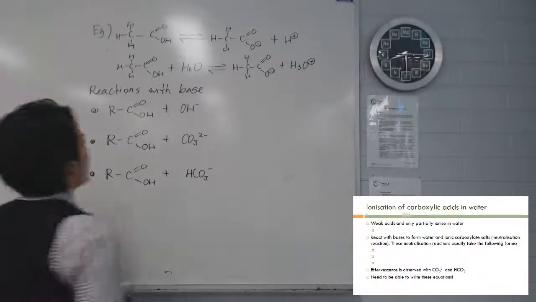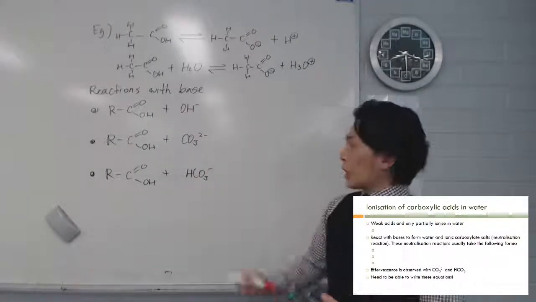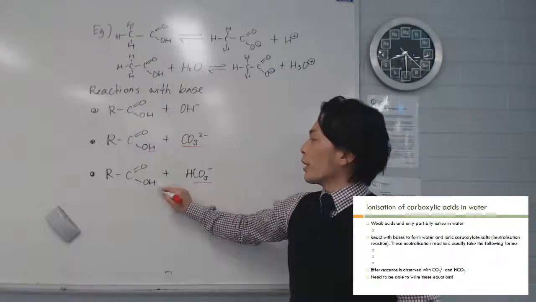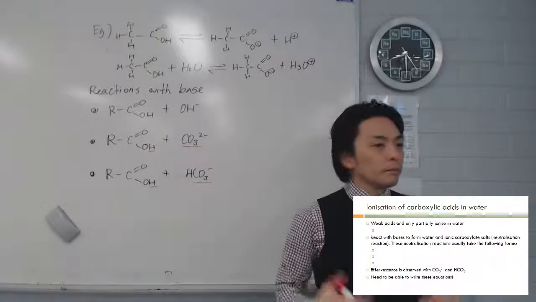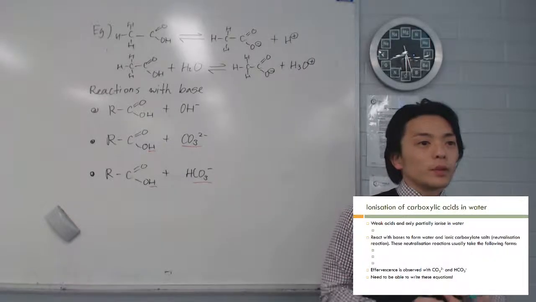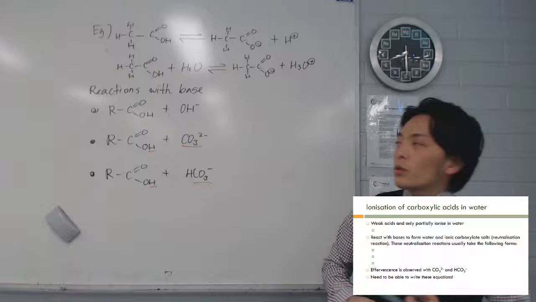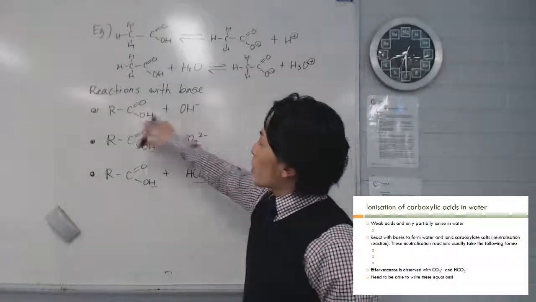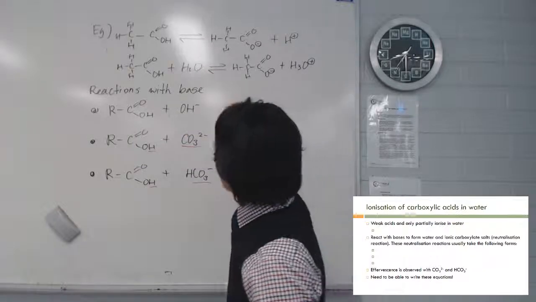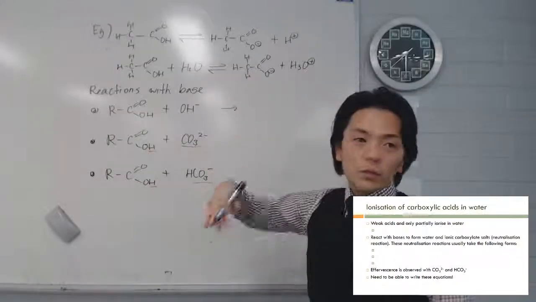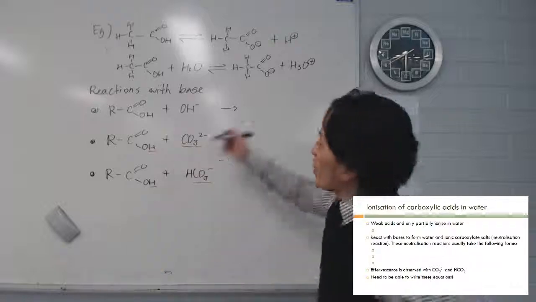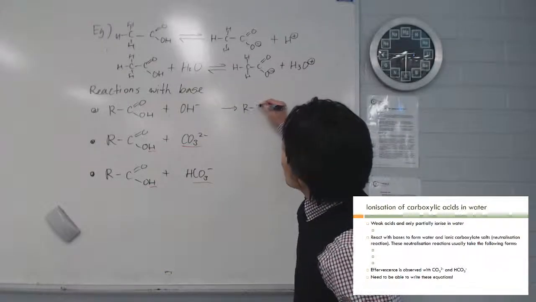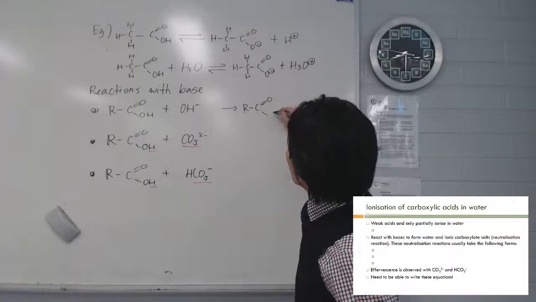Good. Yep. Every time you see carbonate and acid reacting, you need to think of carbon dioxide formed. That's one of the patterns that you should really memorize. Okay. So if it's just acid and base, you should really get salt and water. Yeah. Salt being what? Well, RCOO minus.